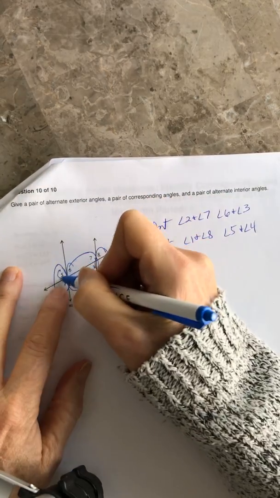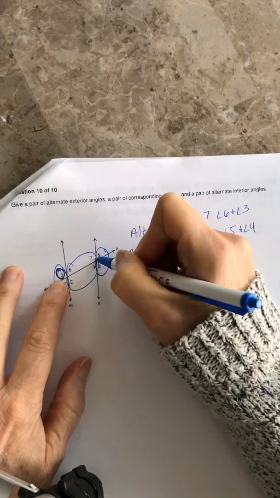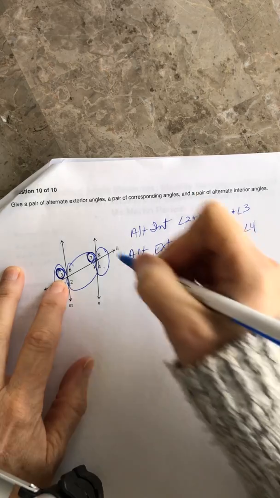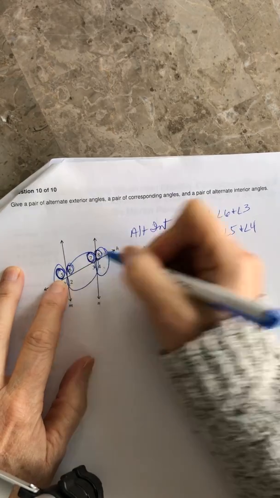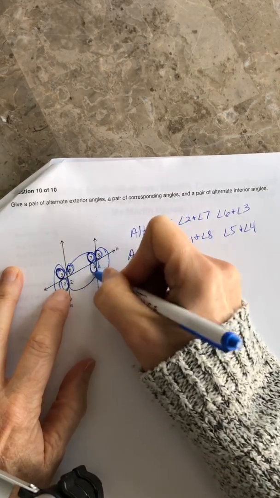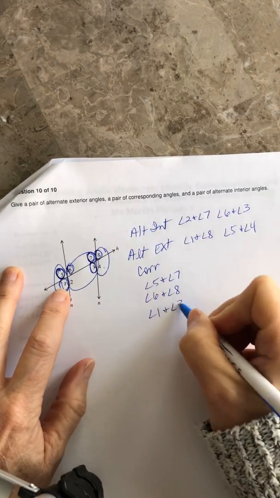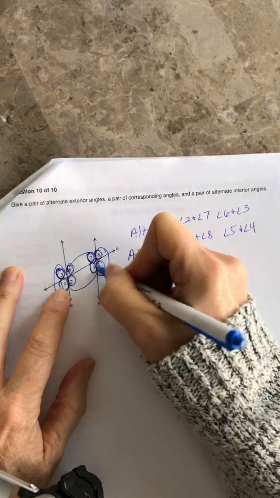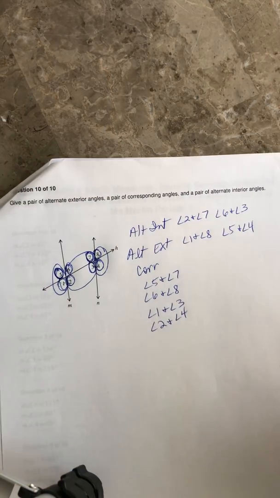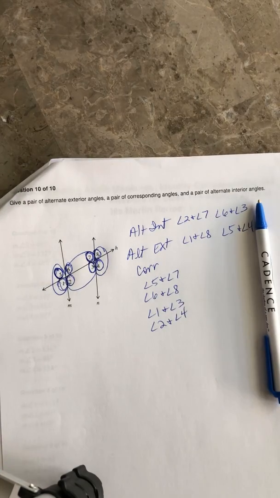The corresponding, matching this one to over here, would be there. Angle 5 and angle 7, angle 6 and angle 8, angle 1 and angle 3, and angle 2 and angle 4. And I just named all of them, and all you have to do is one. So that is it for this lesson.